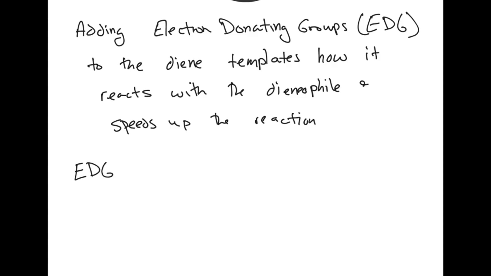donating groups? So ethers, where the R is methyl, ethyl, propyl, whatever. As long as you have an oxygen singly bonded to the double bond of your diene, it's going to be an electron donating group.